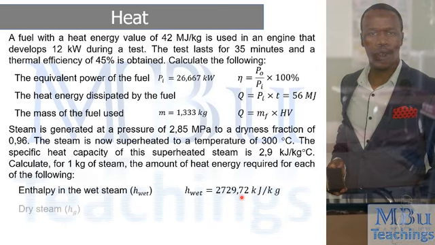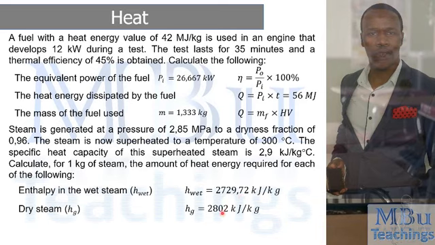Now the next question says calculate the dry steam, which is Hg. Hg you just read from the steam tables. Don't have to do anything, just read from that steam table and get that answer. And they told us it is for 1 kg, so you leave it as per kg.